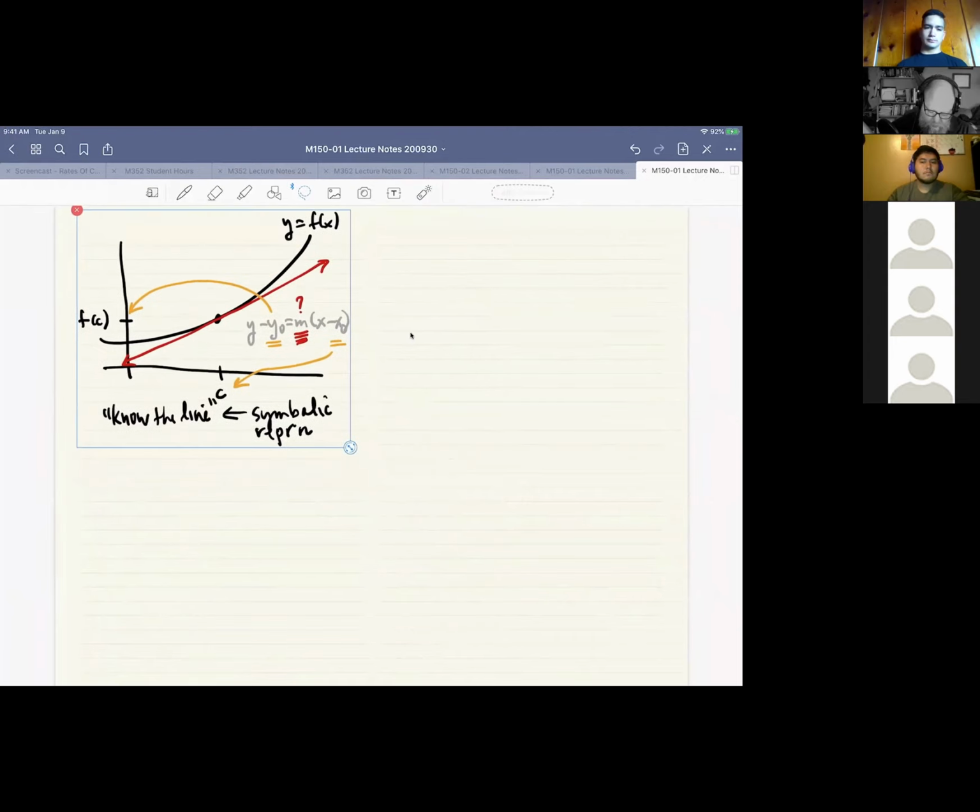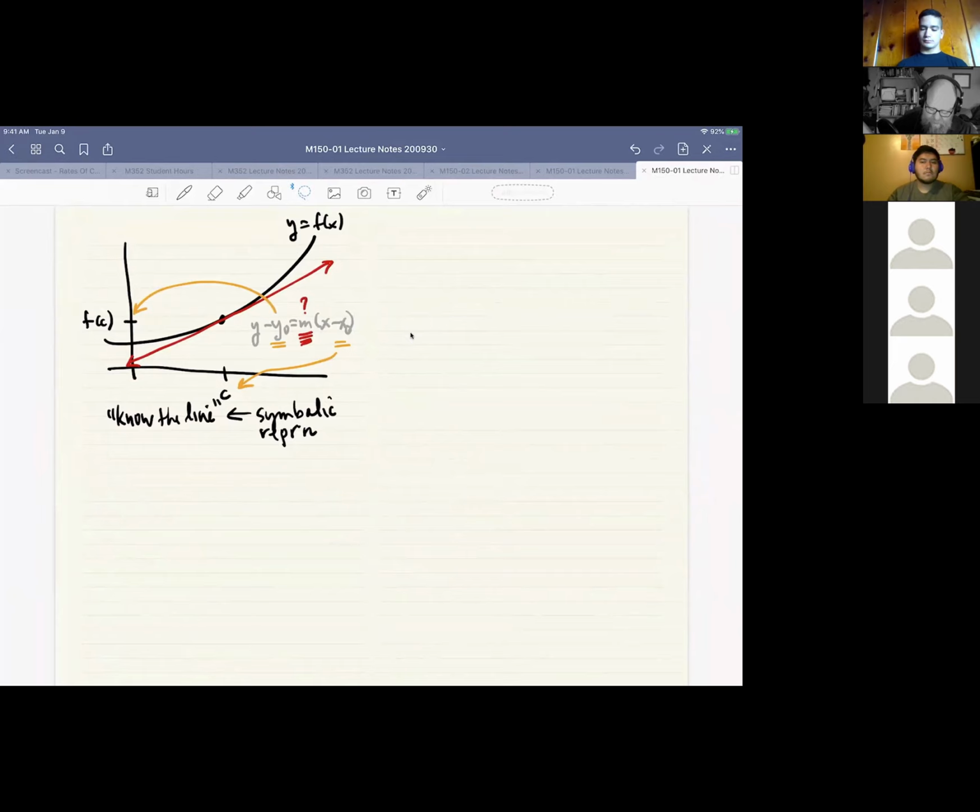Now, if we want to, quote unquote, know the line and find a symbolic expression for that line, there's two things we can do, because slope is the only thing that's missing from that equation. So there's two ways we can find it.